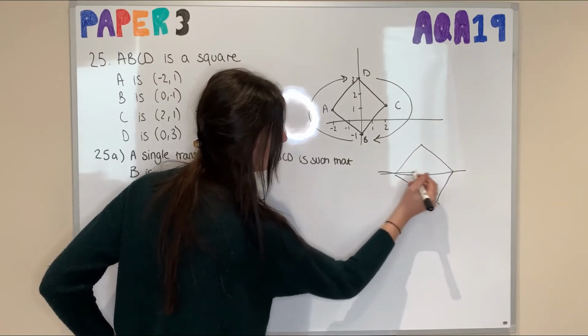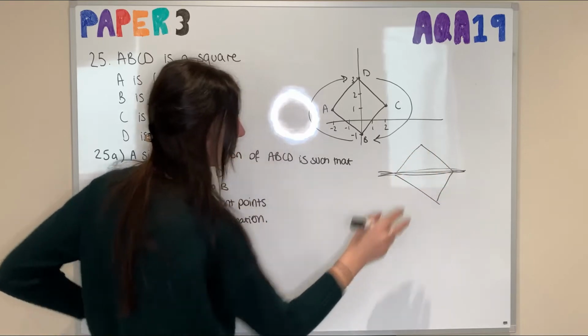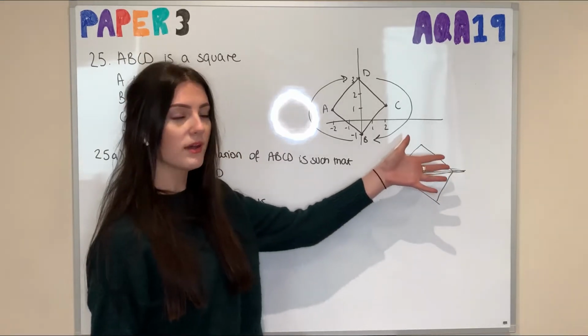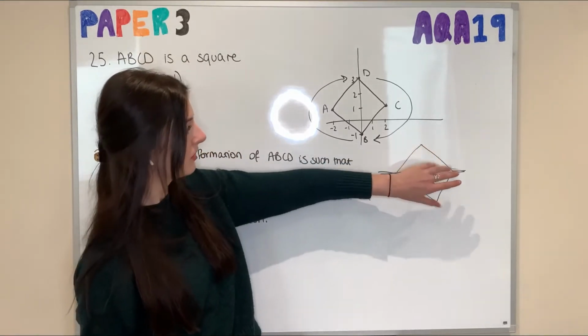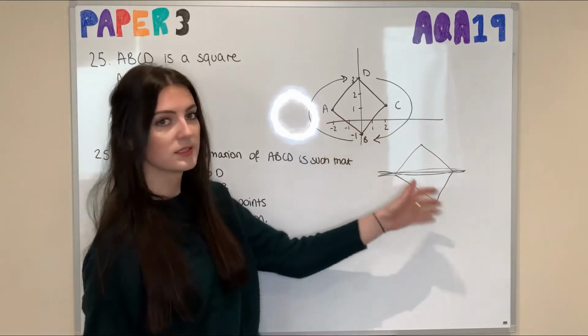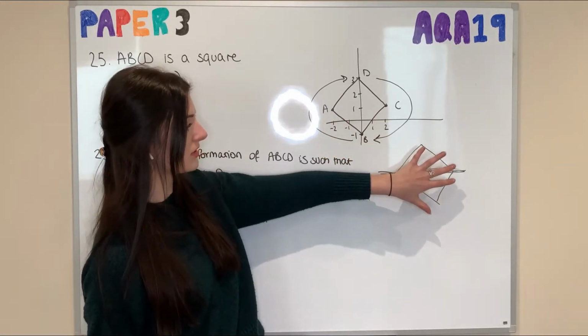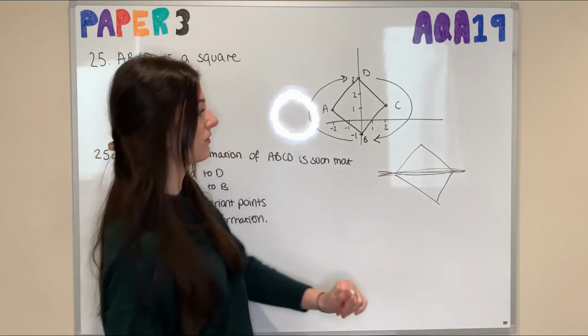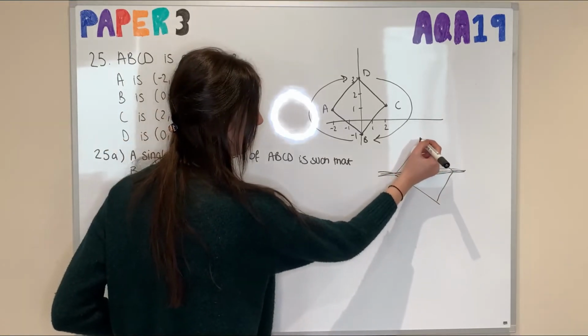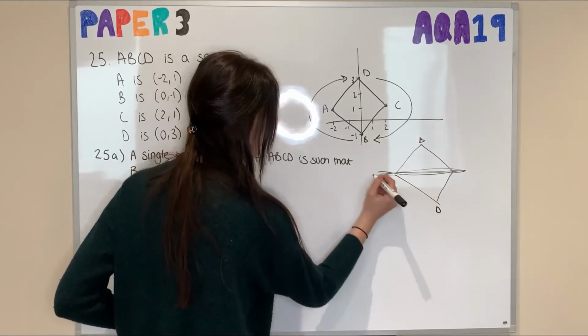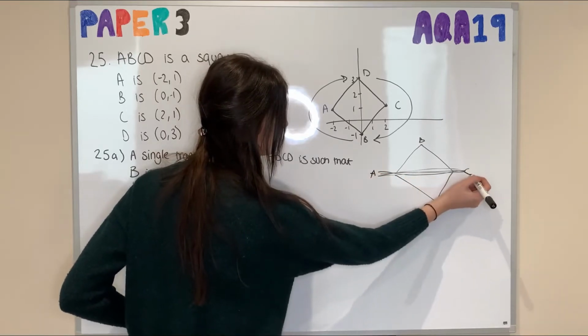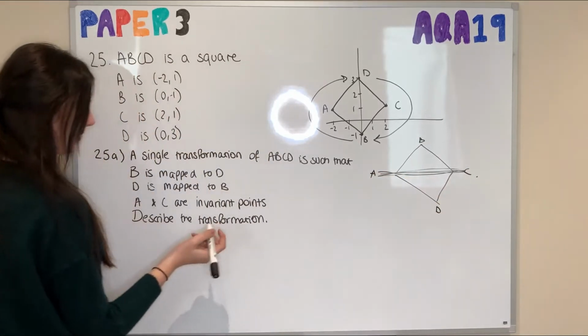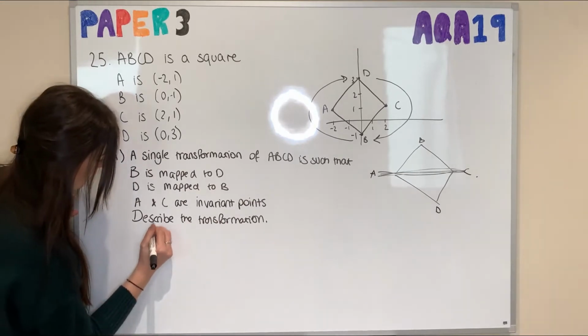Imagine our square just reflects like this: C and A stay in the same position, but D and B get swapped around. So we've got a reflection.